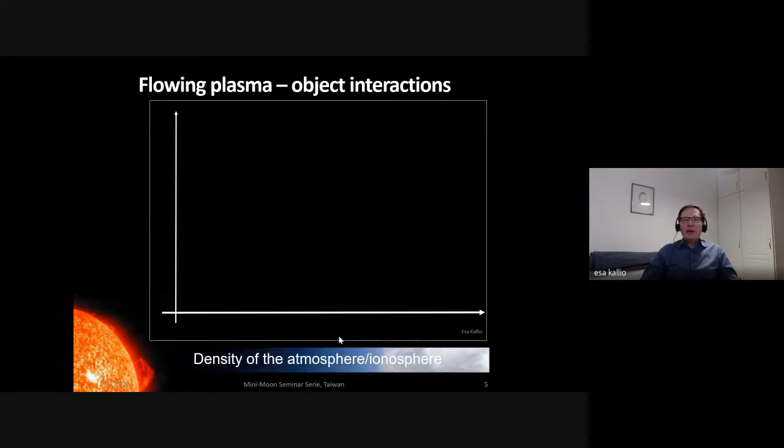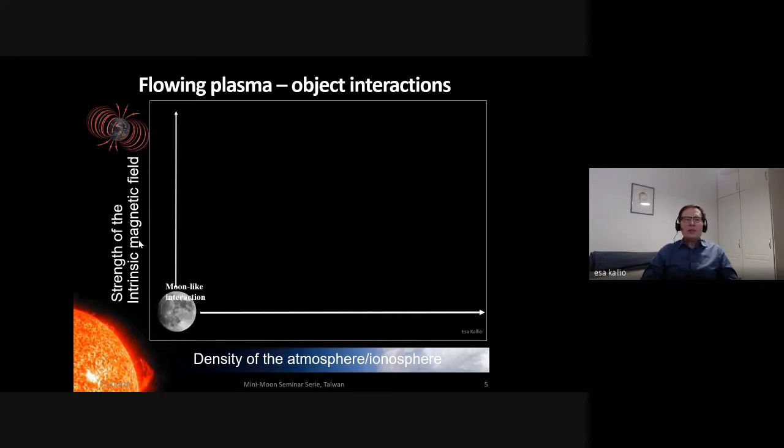The density of the atmosphere also gives the density of the ionosphere, because those atmospheres are in the sunlight. So the atmosphere density is increasing from left to right, and here is the intrinsic magnetic field.